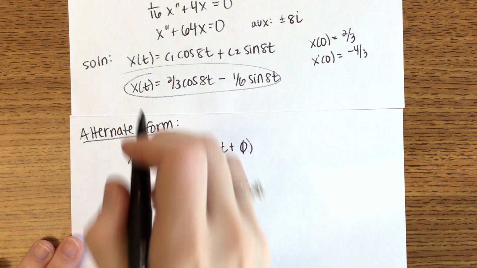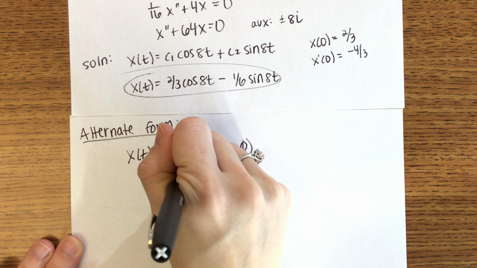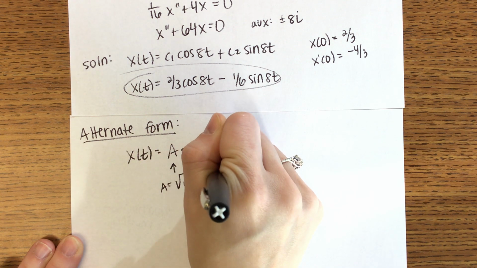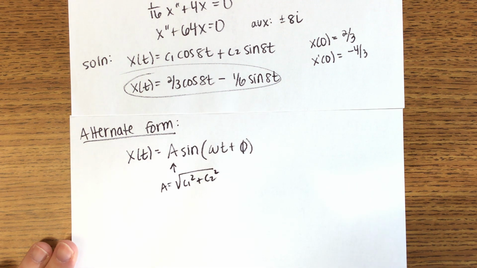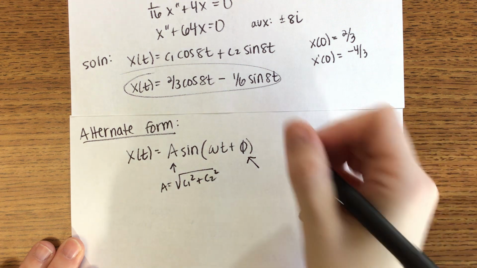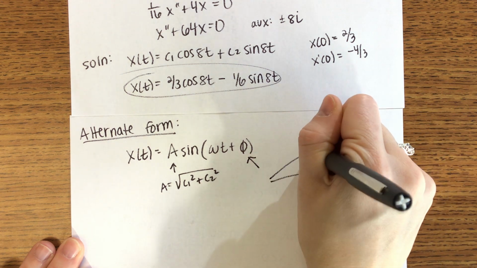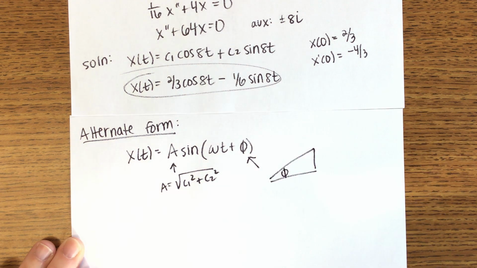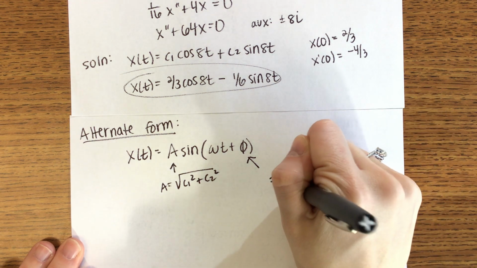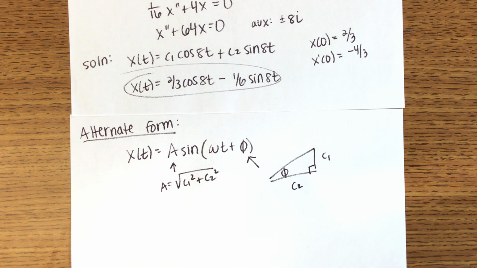A then is the amplitude. A is the square root of c1 squared plus c2 squared. For phi, which is the phase angle, picture the triangle with c1 here and c2 here.